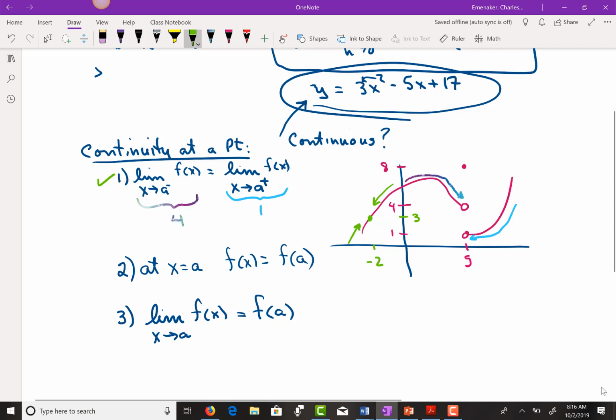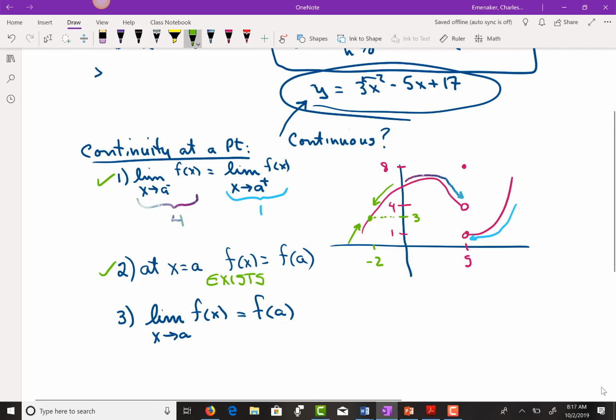The second part says at a, well in this case it would be -2, you come into a particular value. Yep. And, important, this exists. This is what this really means here.